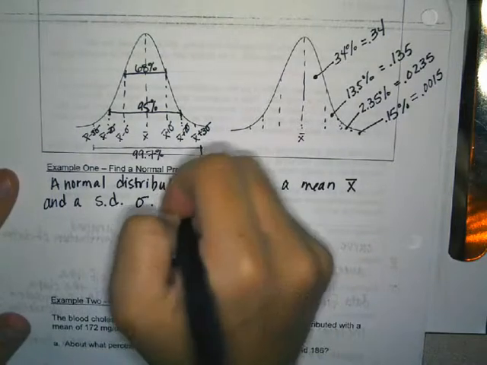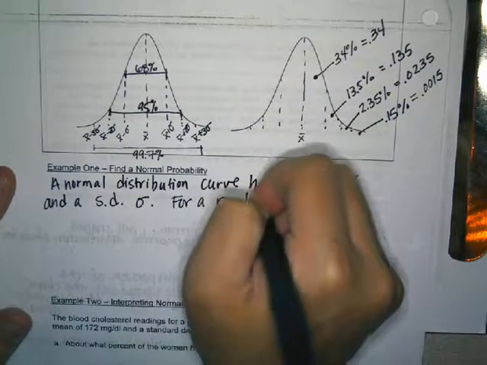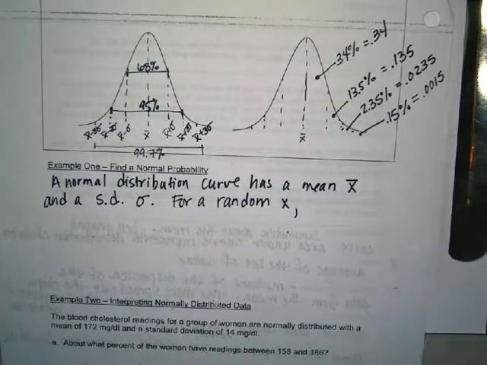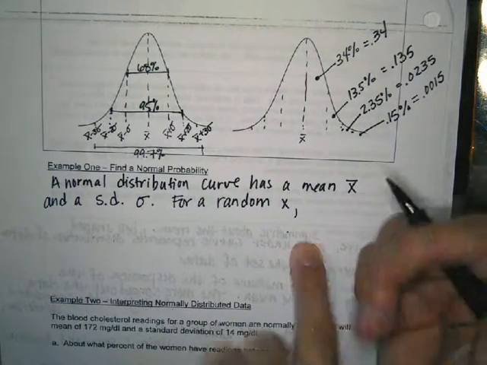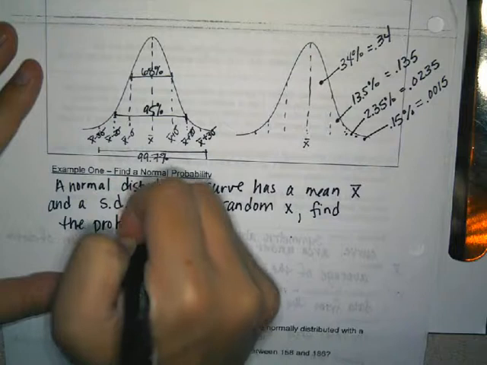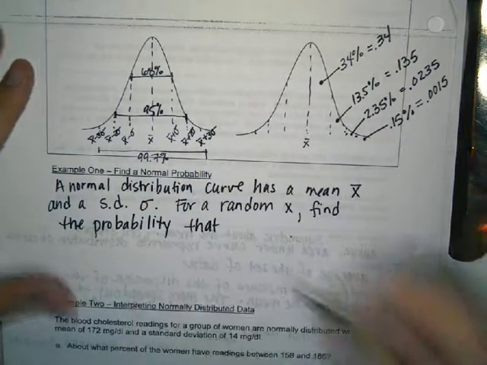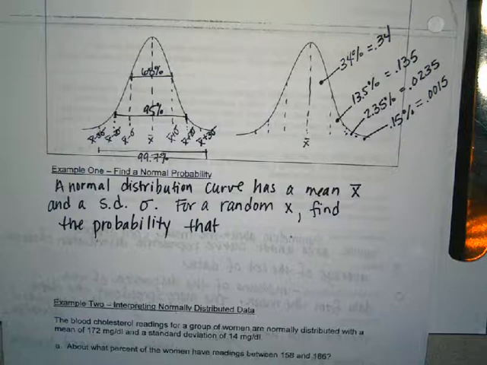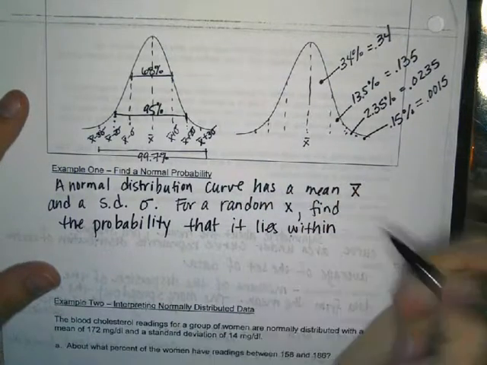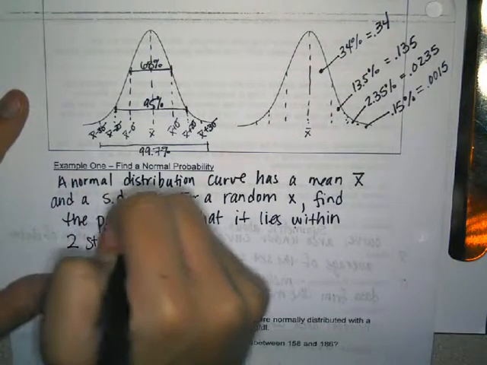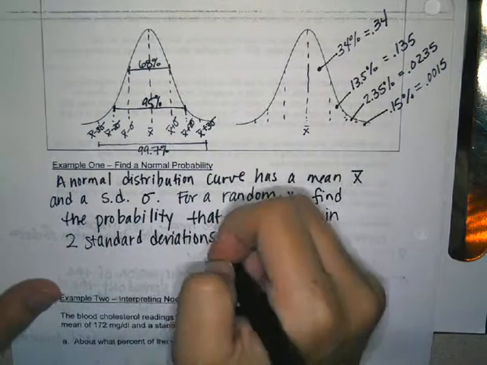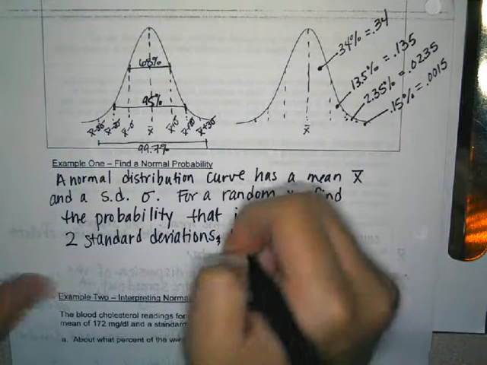For a random x, so again, the curve organizes the information, and we're saying for just some random number that you pick out of your data set, so for a random x, find the probability that it lies within two standard deviations, and we'll say two standard deviations less than the mean.